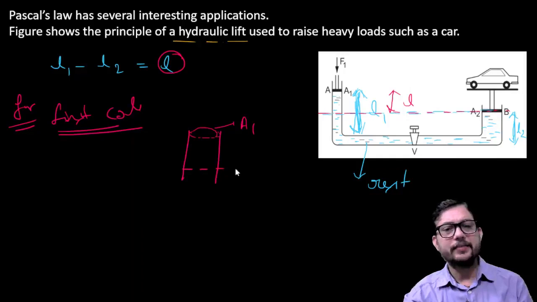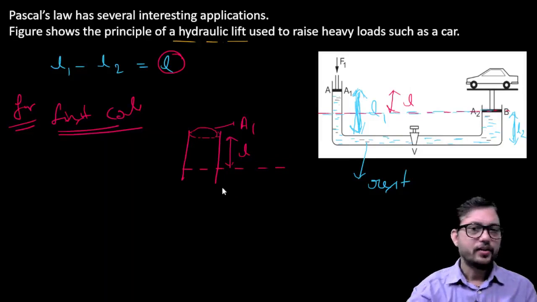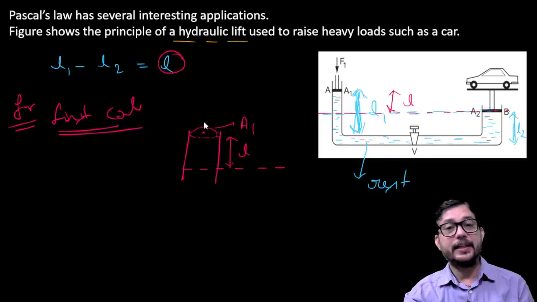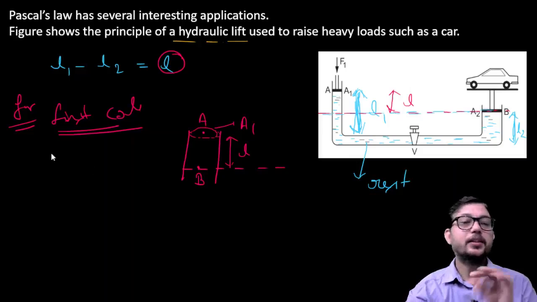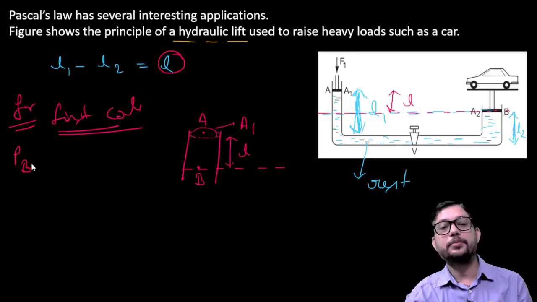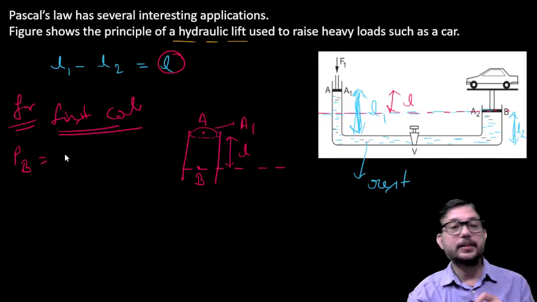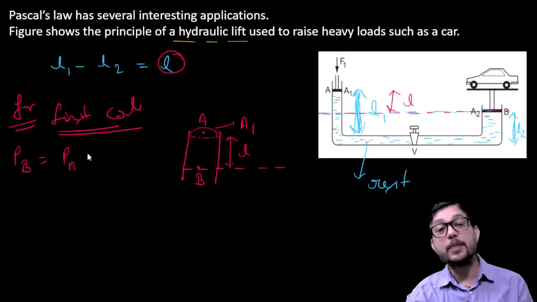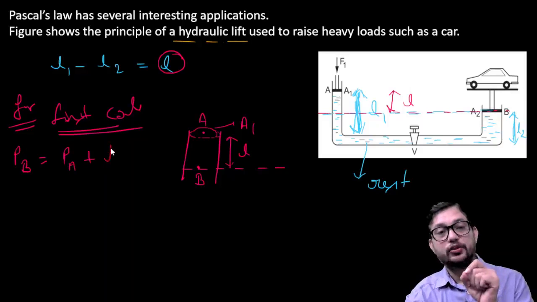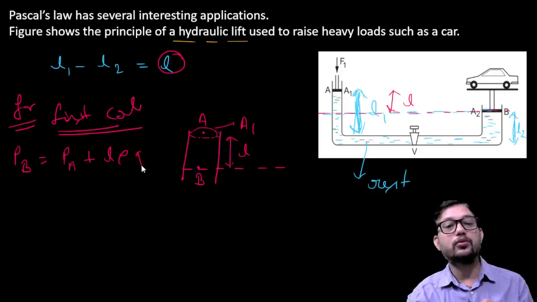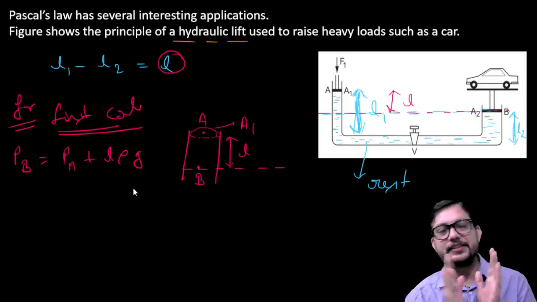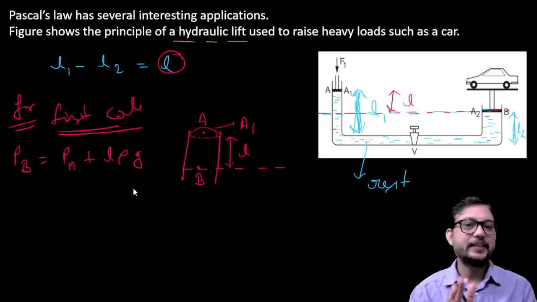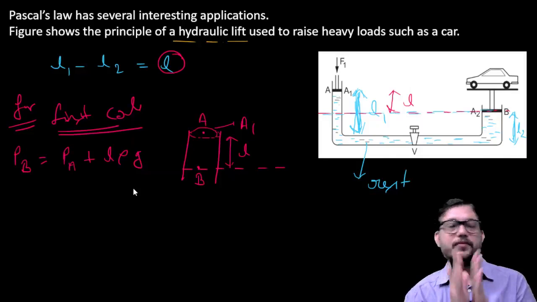This is the level we have taken, and this one is the length L. Let that be point A and that be point B. The pressure at point B will be equal to the pressure at point A plus H rho g, where H will be L, so L rho g. This is for the first column.